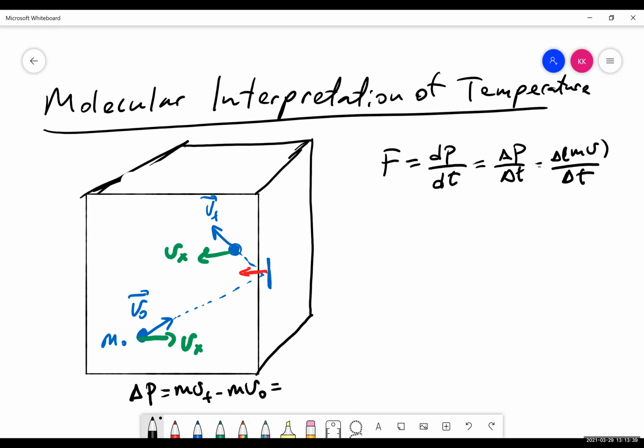Because v initial is to the left, and assuming the speed is exactly the same before and after but the direction is not, it ends up being m times v final plus m times v initial. They have the same speed before and after, and the negative cancels out and becomes positive because the direction is opposite after the collision.